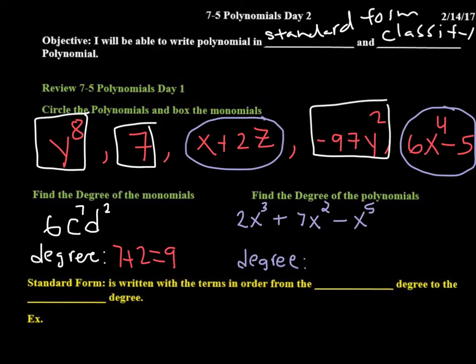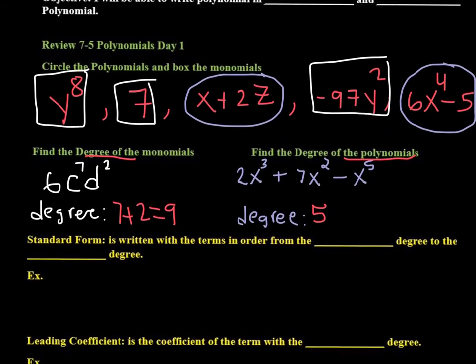The way we find the degree of a polynomial is to look for the greatest degree. Here the degrees are 3, 2, and 5. The biggest is 5, so this is degree 5. If you're having trouble finding the degree of a monomial or polynomial, go back after you finish this video and take a look at the 7-5 polynomials day 1 video.